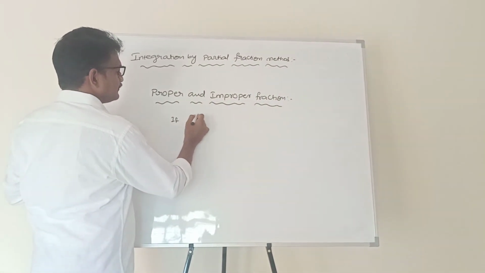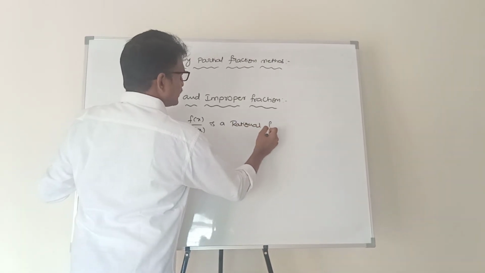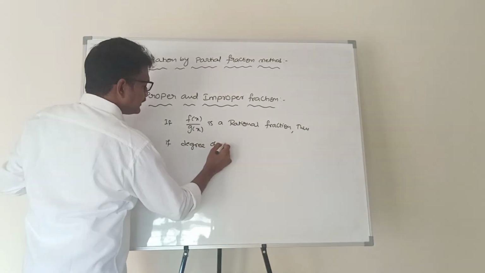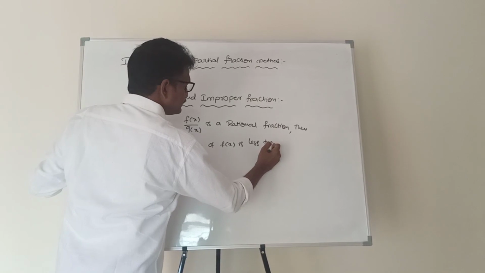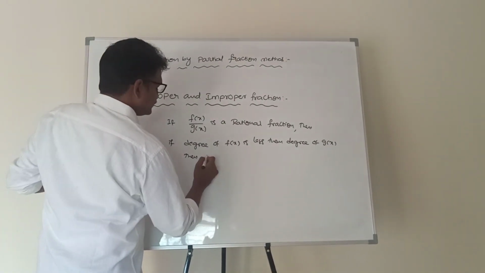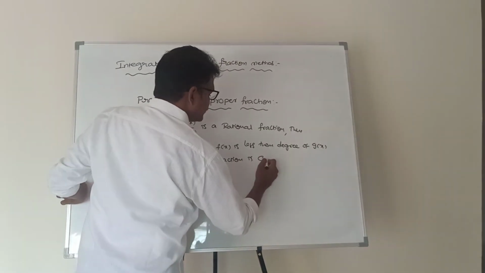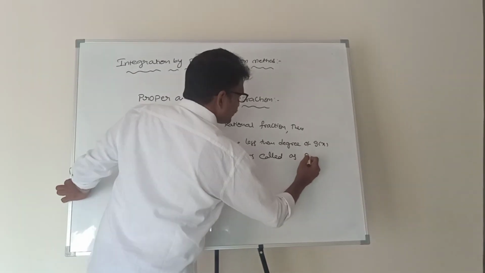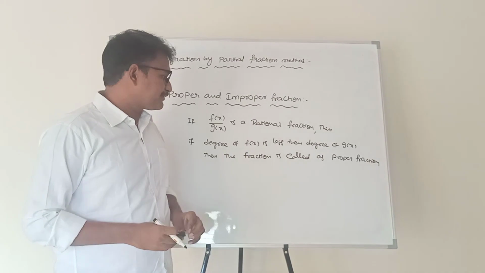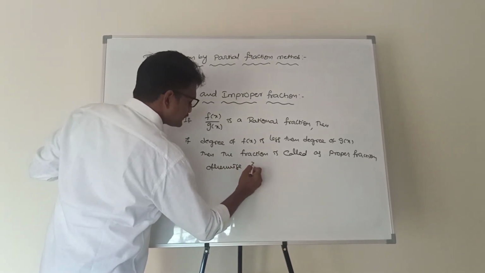If f of x by g of x is a rational fraction, then if the degree of f of x is less than the degree of g of x, then that fraction is called a proper fraction. Otherwise, it is an improper fraction.